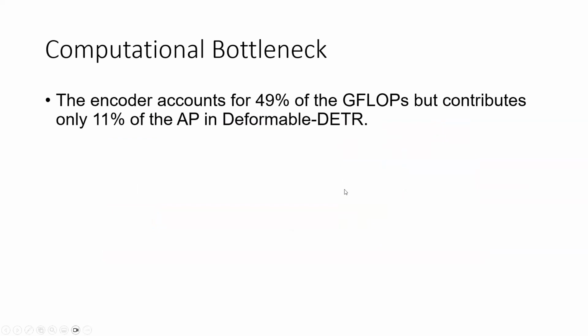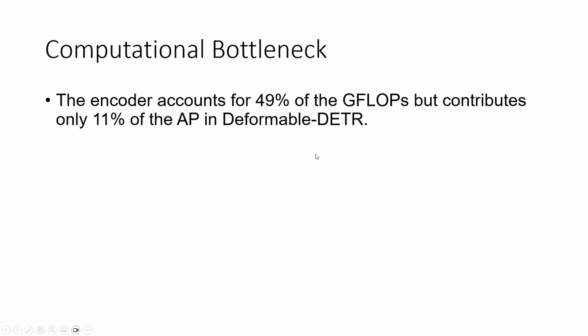And now let's dig a bit deeper into the paper. In a transformer, the biggest bottleneck is the encoder. In one research they found that the encoder is responsible for 49% of GFLOPs, but contributes only 11% of AP in Deformable DETR.